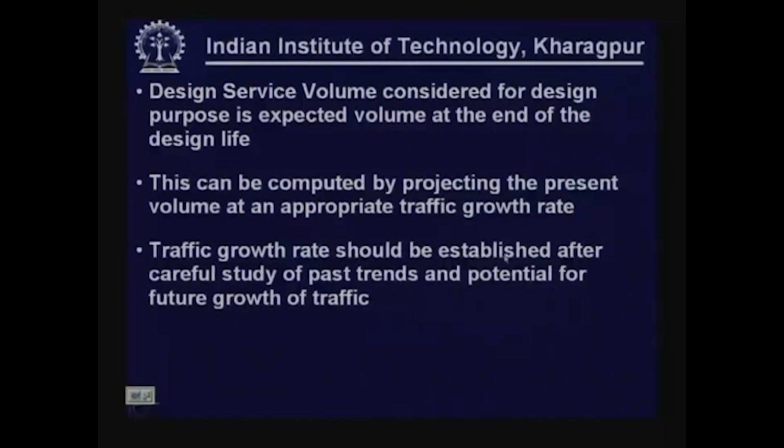So, the traffic growth rate should be established after carefully studying the past trends and the potential for future growth of traffic. There are different methods for estimating the traffic growth rate. We are not going into details, but the basic steps are to estimate the base year traffic and use a suitable growth factor to forecast it. Those growth factors are estimated looking at the past traffic trends and also at the future development strategy in the influence area of the project.